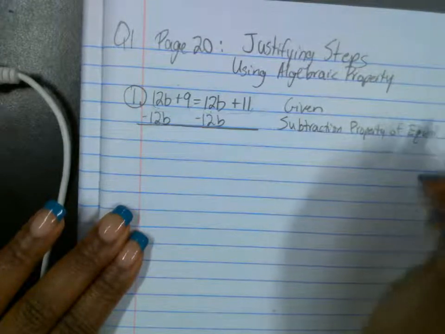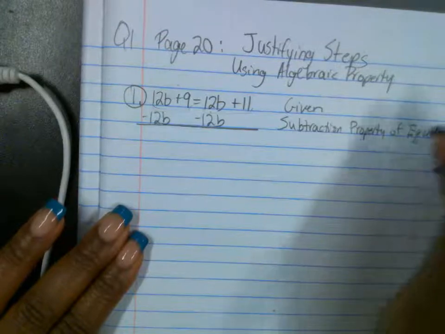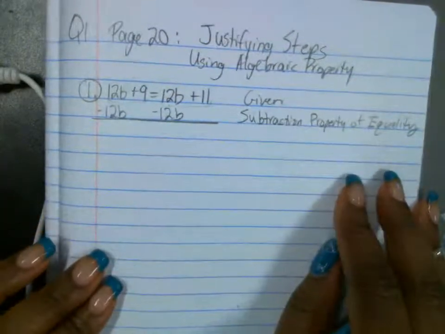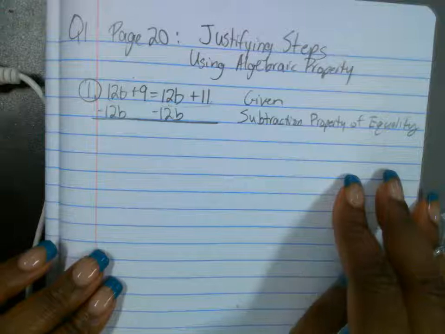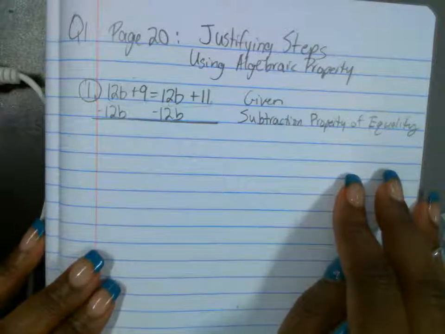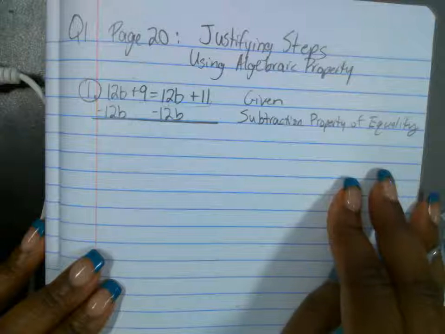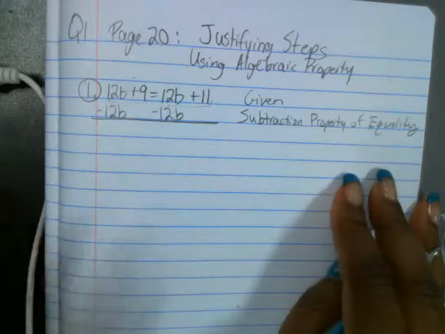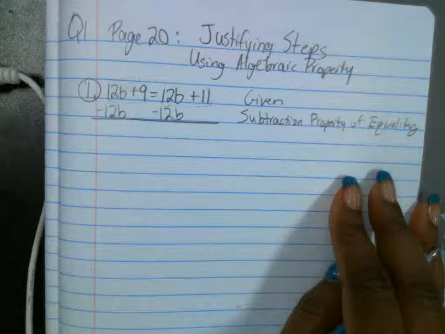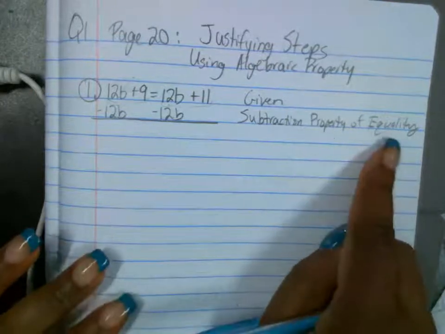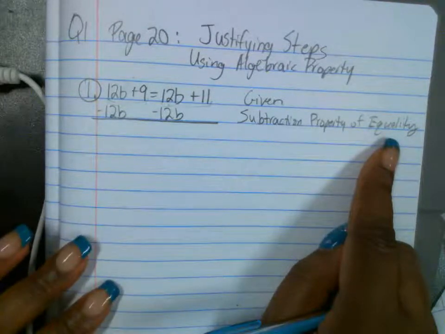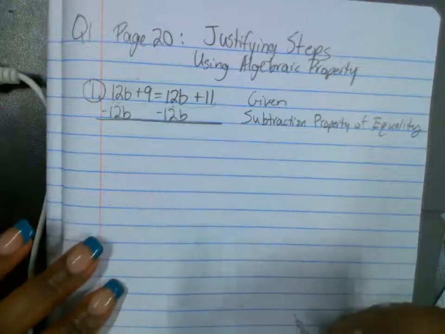If you were to add the same number or term to both sides, that's the addition property of equality. If you multiply the same number or term on each side, it's the multiplication property of equality. Whatever operation you use on both sides, there is a property of equality for it, because you're doing it on both sides of the equal sign.